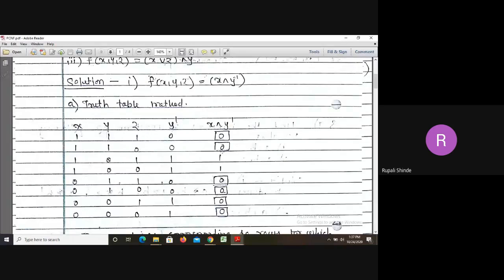Okay. Now check the second 0 we got in the second row. For this 0, what are the values of x, y and z? It is 1, 1, 0. So can anybody tell me what is the respective max term here? x complement XOR y complement XOR z.